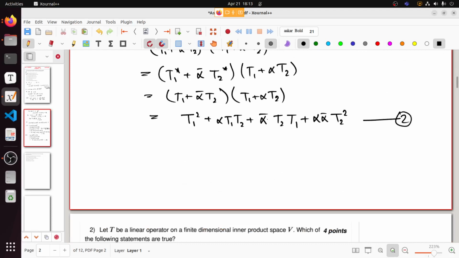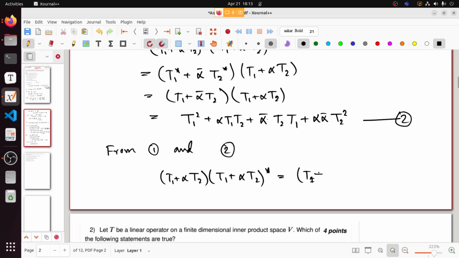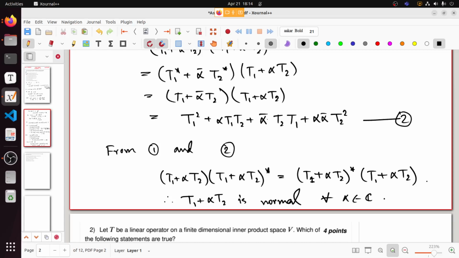So from one and two we get T1 plus alpha T2 into T1 plus alpha T2 star equals T1 plus alpha T2 star into T1 plus alpha T2. Means T1 plus alpha T2 is normal for all alpha belongs to C, right? So option number 3 is correct.